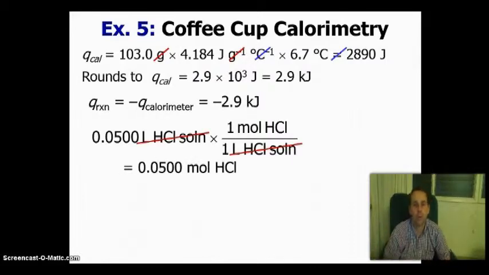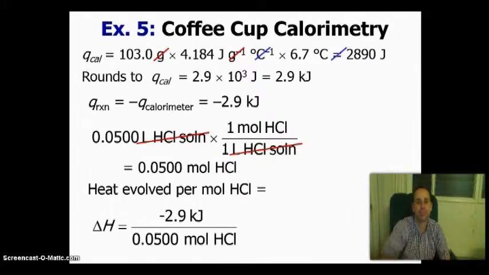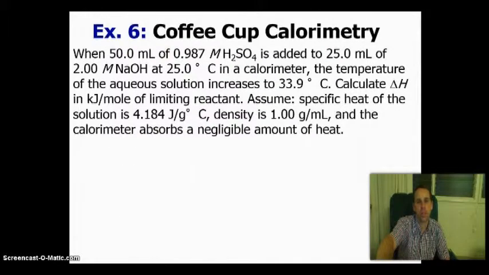And that was only 0.05 moles of HCl. So then we take our 2.9 kilojoules divided by that, and that'll give us how much energy per mole of HCl. All right, and the result is our amount of energy released per mole of HCl, and that is our delta H, heat energy lost by the HCl in the process.